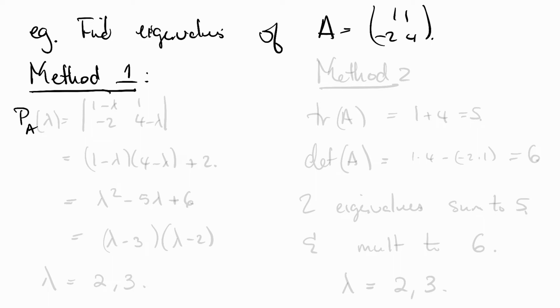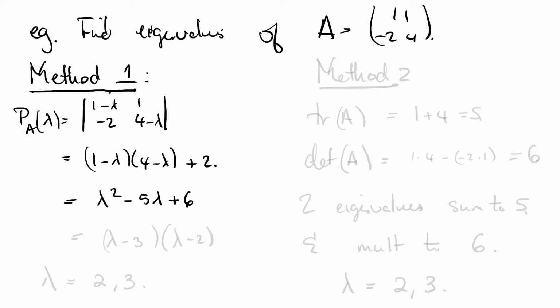The characteristic polynomial is going to be the determinant of this matrix. We work this out. This is going to be (1 minus lambda)(4 minus lambda) plus 2. This is going to be lambda squared minus 5 lambda plus 6, which is (lambda minus 3)(lambda minus 2). So the eigenvalues are 2 and 3.